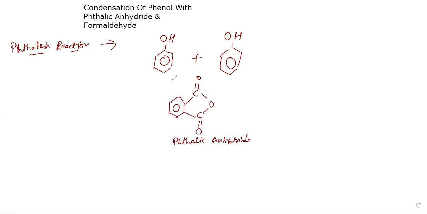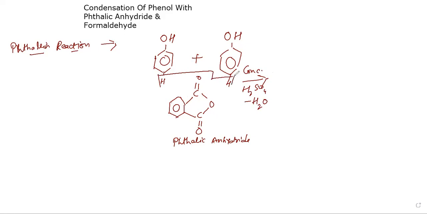And these are two molecules of phenol. And as it is a condensation reaction, phenol will condense with phthalic anhydride in presence of concentrated sulfuric acid at low temperature. A water molecule would be eliminated, right?